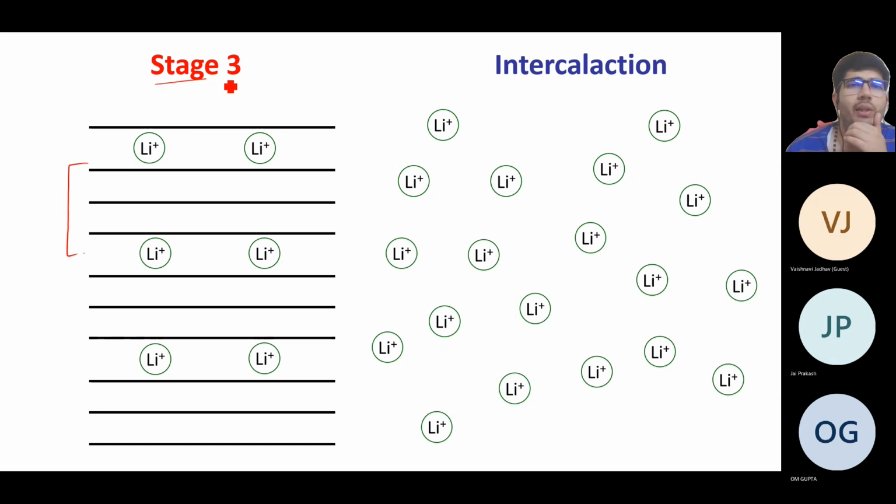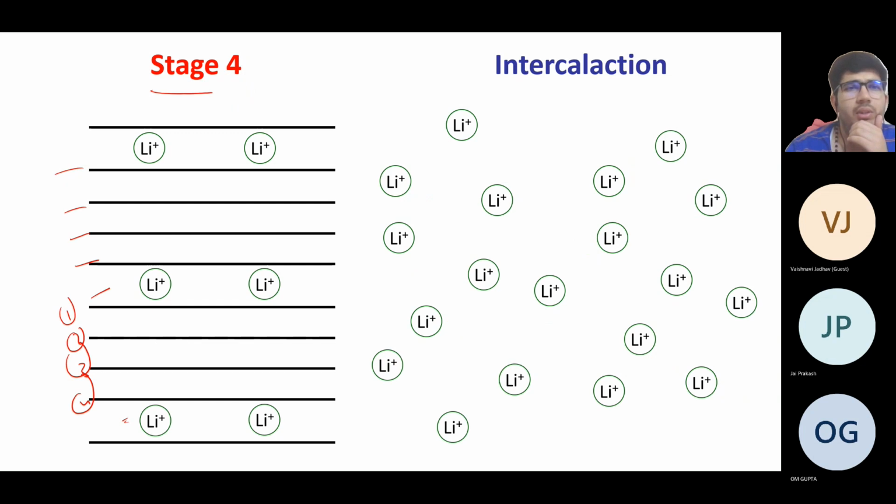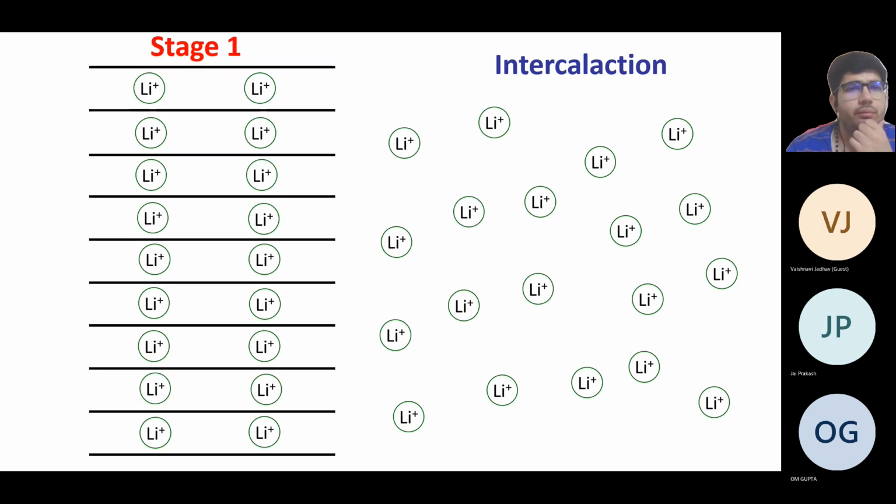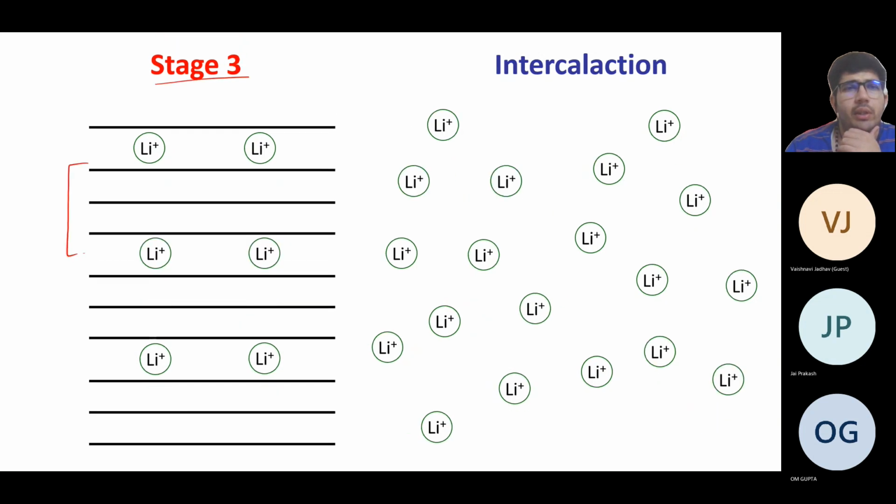So in stage 3, more lithium is present as compared to stage 4. In stage 2, more lithium ions are present because only two graphite layers are there. In stage 1, there are even more lithium ions. So this is stage 1, 2, 3, and 4.